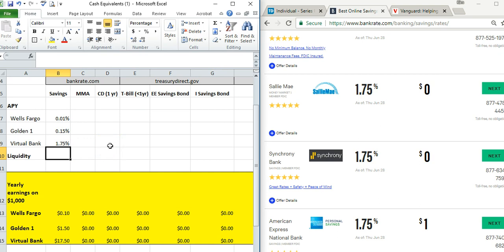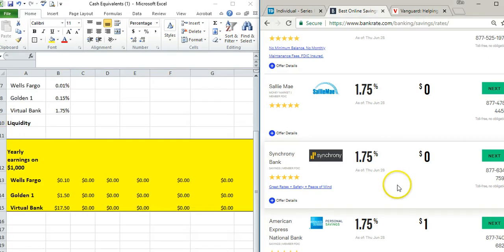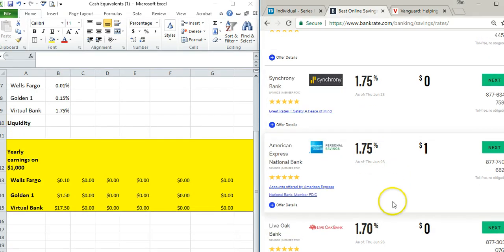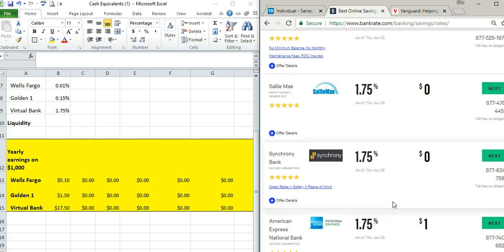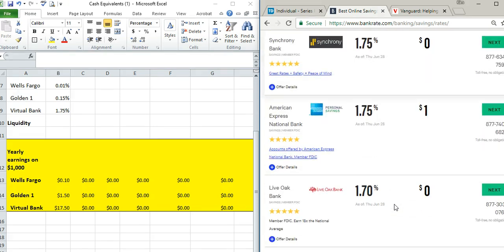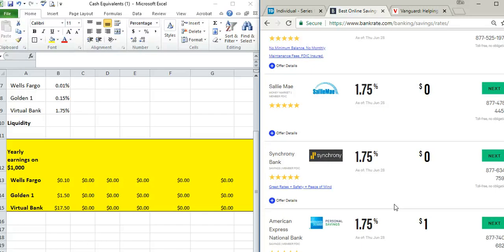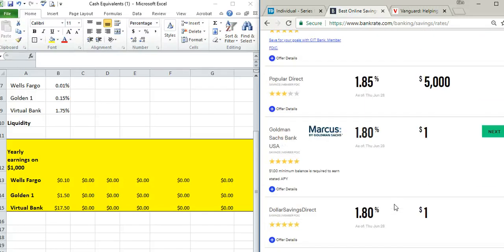And now you do. So you can look at bankrate.com and check out all these different rates and what they have to offer. I think there's lots of opportunities to make more money.